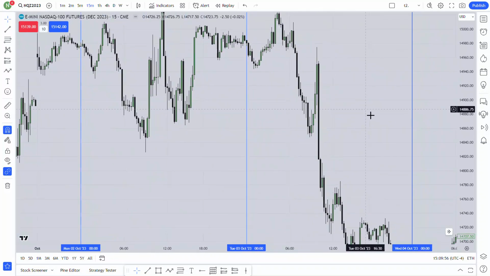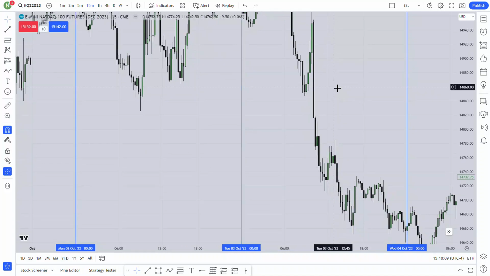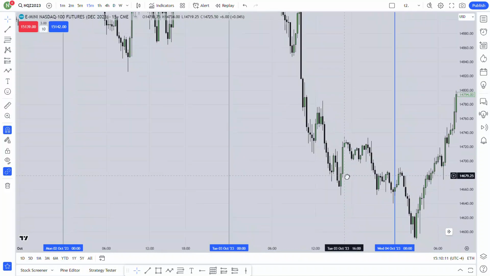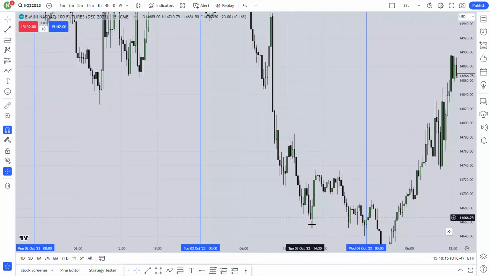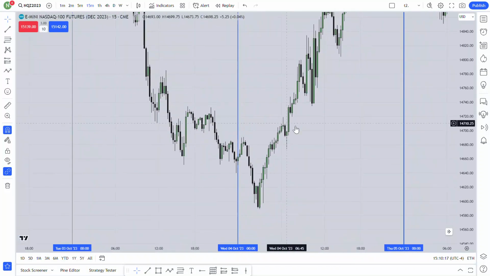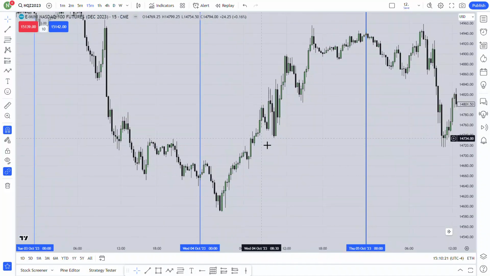What did Tuesday do? Tuesday is the manipulation phase. Why? It cleaned the buy side liquidity, then started to go lower, took the sell side liquidity, a little bit of retracement, went lower. You see, it just manipulated the market. This is the manipulation. Now here is your Wednesday.